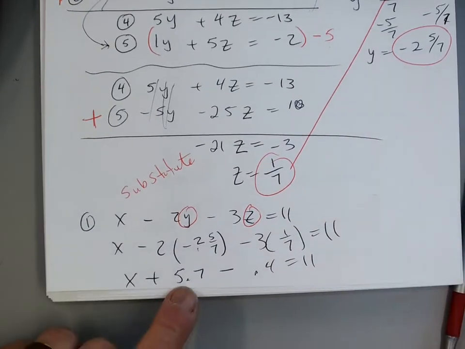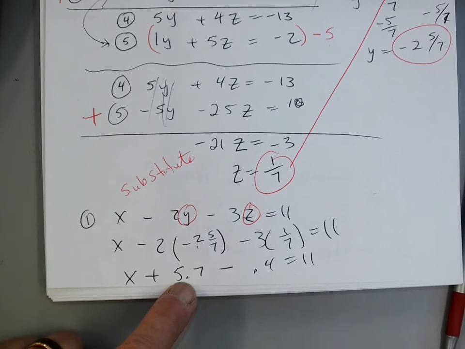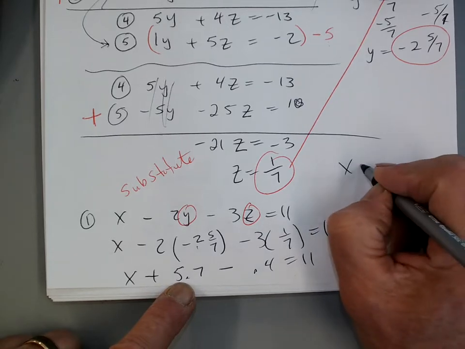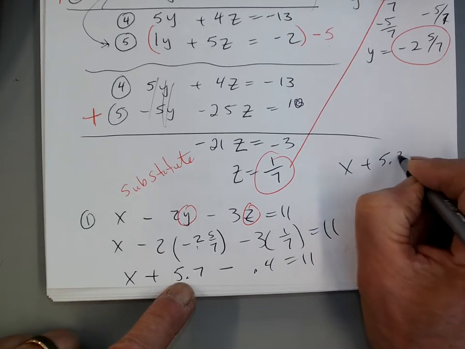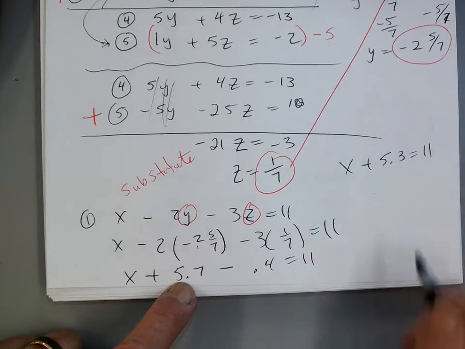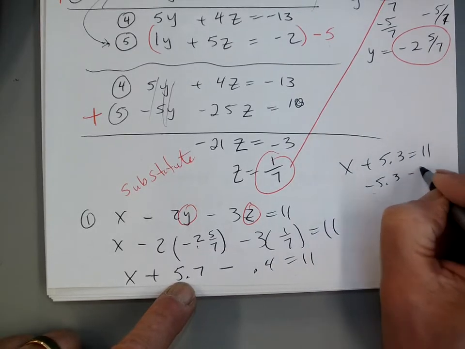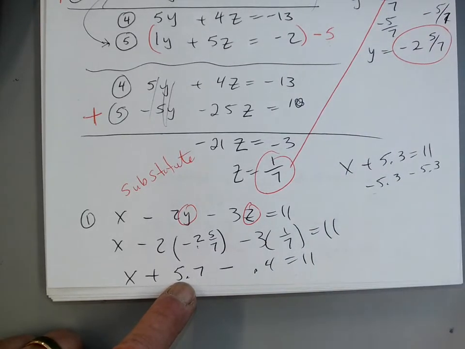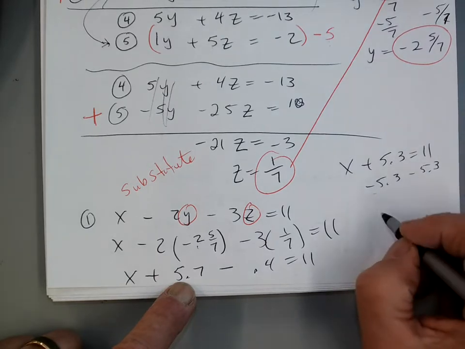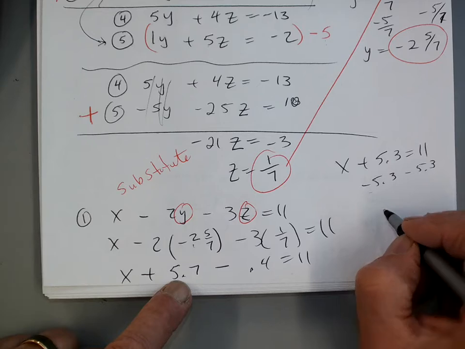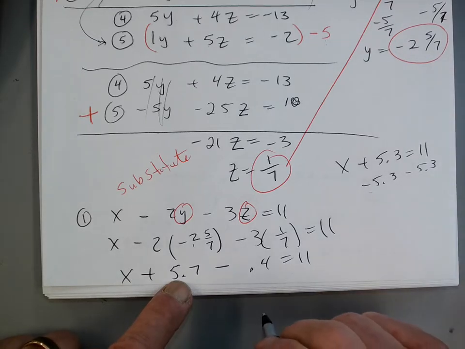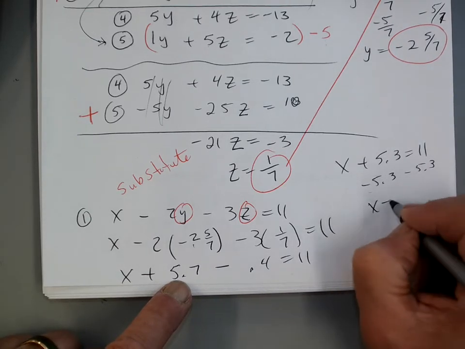We're almost done. Put these together. 5.7 minus 0.4. Okay, ready? Almost there. x plus 5.3 equals 11. Subtract 5.3. Oh, that's a hard problem, huh? So 11 minus 5.3. Hopefully some of the answers are better than this. So I got a 5.7.